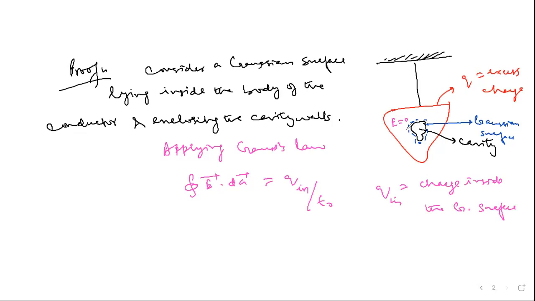Now, since the electric field inside the body of the conductor is 0 and my Gaussian surface is lying in the body, the flux is 0. So it is 0, which implies Q inside is 0.